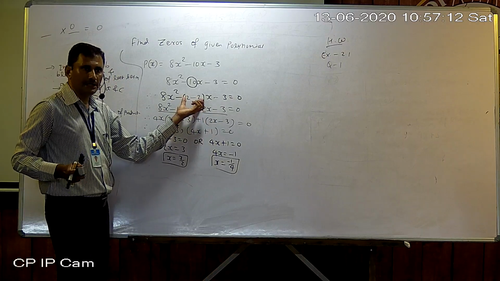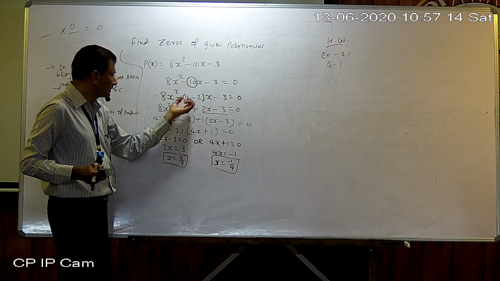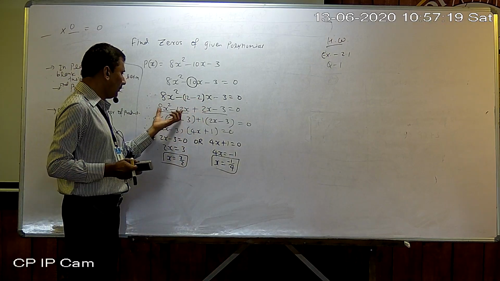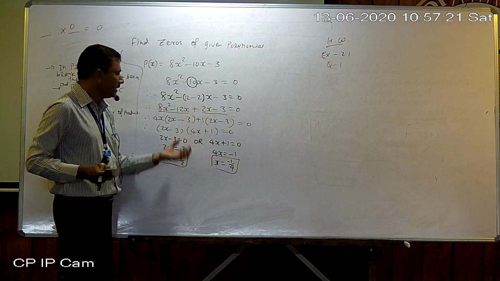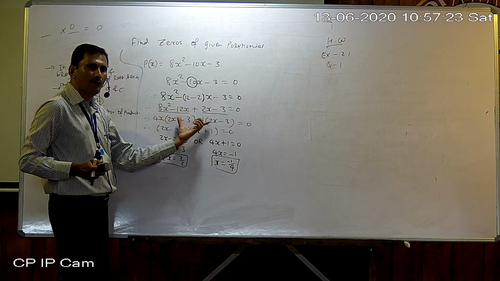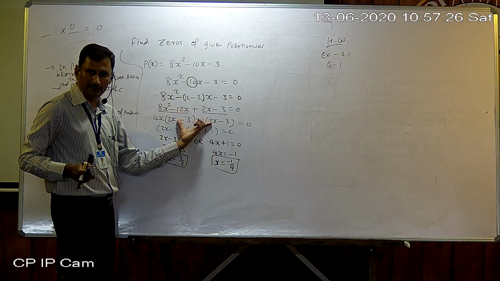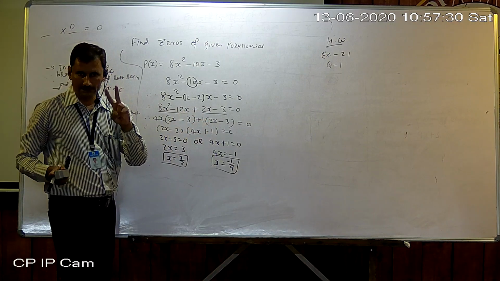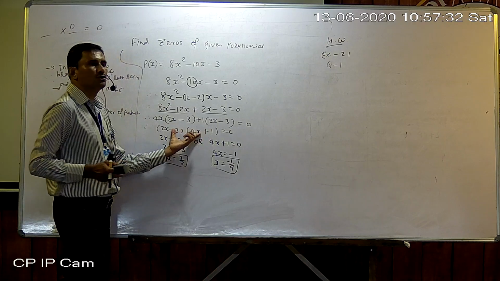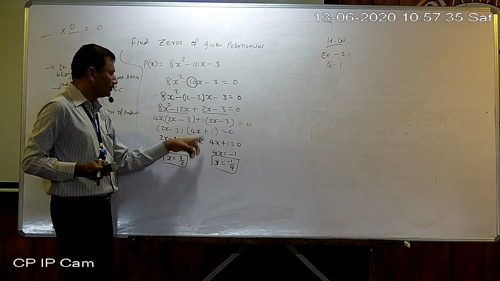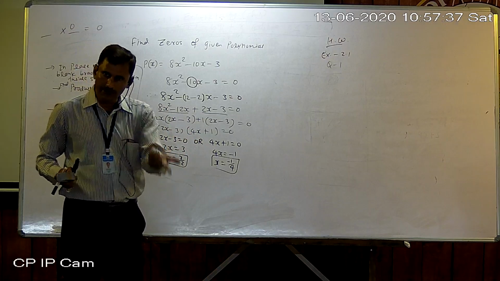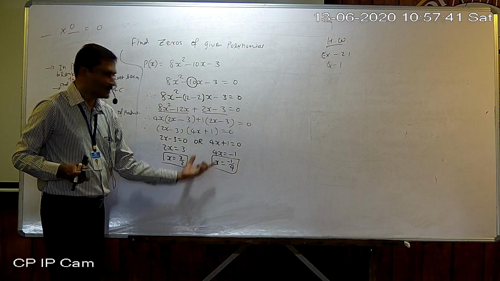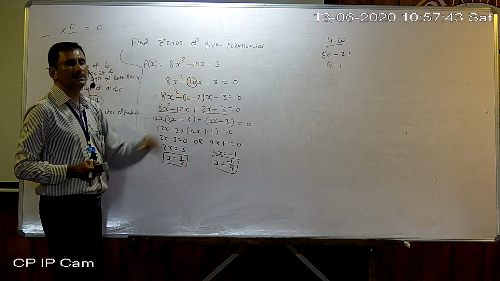After getting these two factors, nothing is new, just open this bracket. After getting four terms, take common from the first two and last two terms. After taking common, you will always have two same brackets, so the bracket becomes common, so you will have two factors. After getting two factors, compare both brackets equal to 0 one by one and get two answers. So these are the two zeros of the given polynomial.